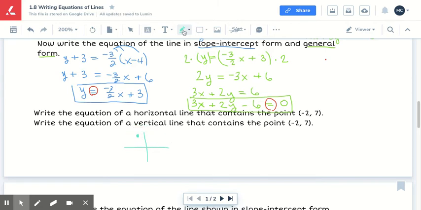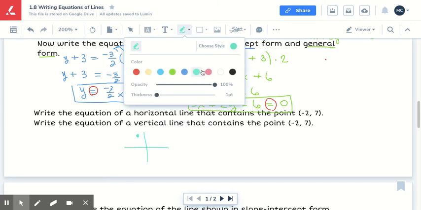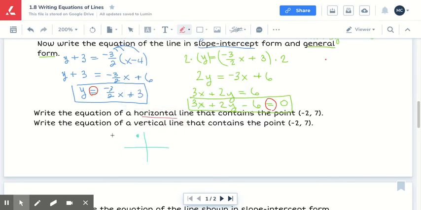estimating where it is. And then, let's see, the first thing I want to do is write the equation of a horizontal line. So I'm going to draw a horizontal line through that point there. Now, according to what I had up at the top in the chart, the equation of a horizontal line is y equals whatever the y-intercept is of that line.